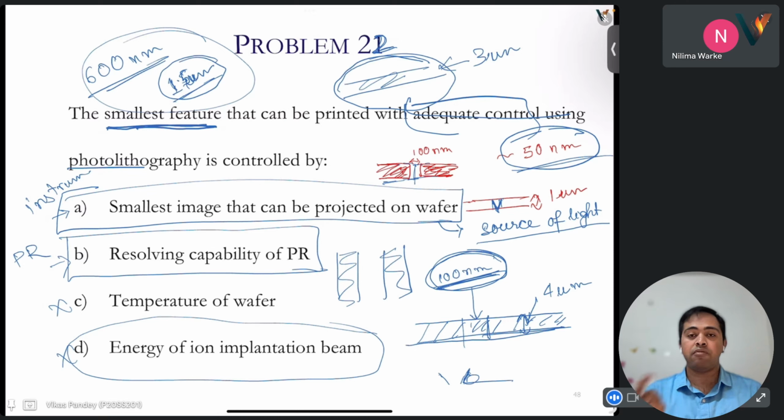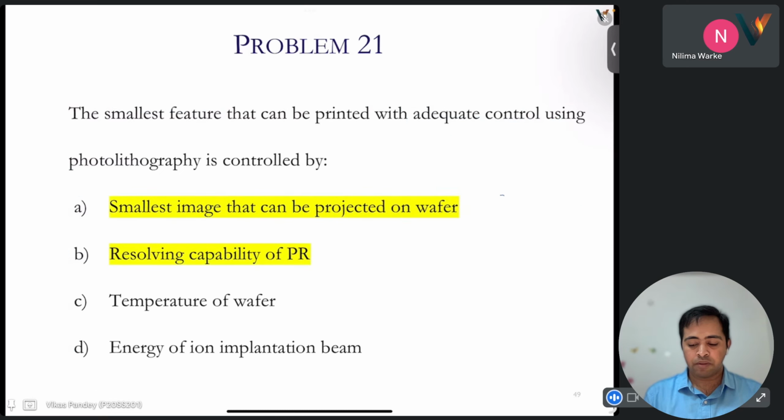The PR can vary. If you use SU8, you can get a very thick structure, so the resolution will not be higher in that case. For higher resolution, you will have to go for some other photoresist. So these are the two things.